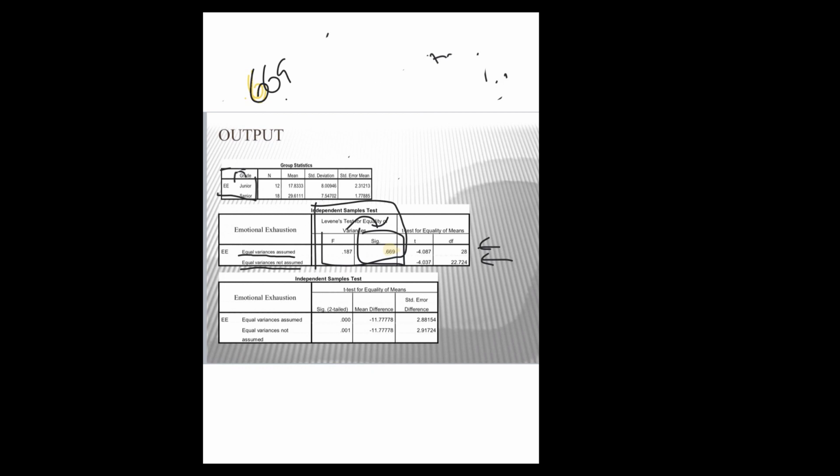Again, it is a p-value, and it is above 0.05. If the Levene's test for equality is above 0.05, then we take the first line, equal variance is assumed.